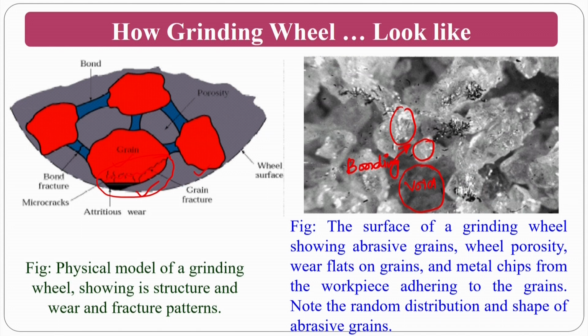If it is a softer wheel, the machined material will go and sit in these gaps. This is normally called the open structure. The material will go and sit here. These abrasive particles try to shear the workpiece material. That is how the abrasive wheel looks.